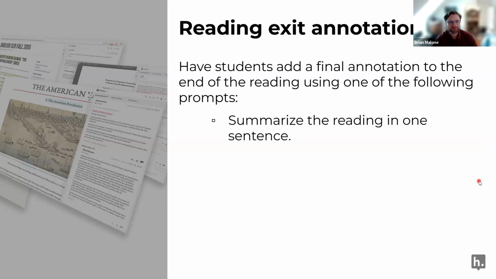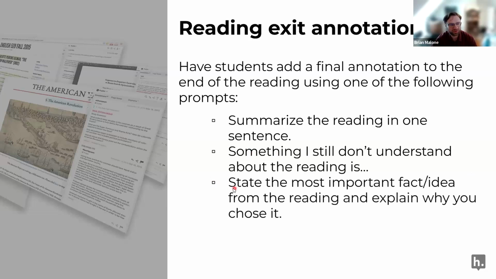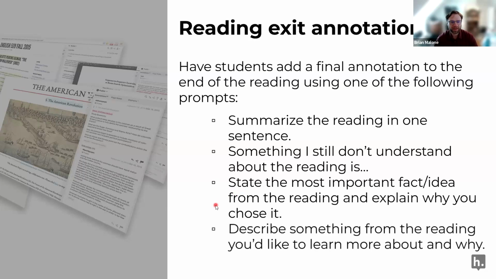You may ask the students to summarize this reading in one sentence. You may ask them to fill in the blank: Something I still don't understand about the reading is. You may ask them to state the most important fact or idea from the reading and explain why they chose it. Or you may ask them to describe something from the reading they'd like to learn more about and why.